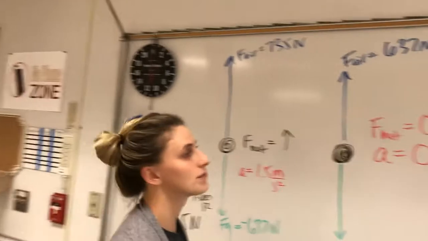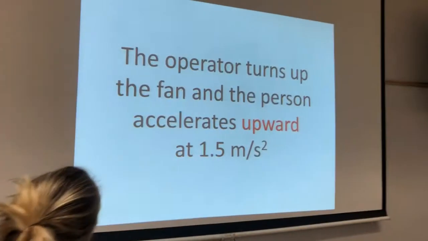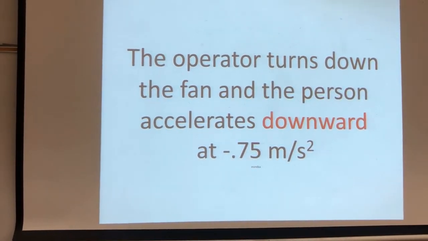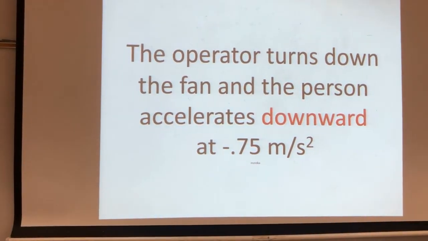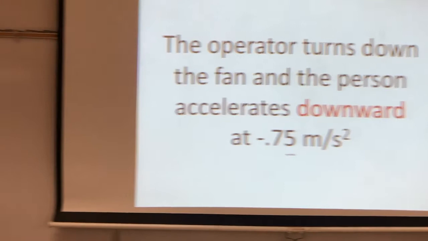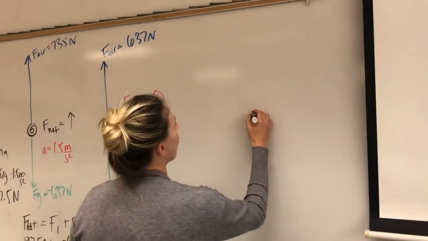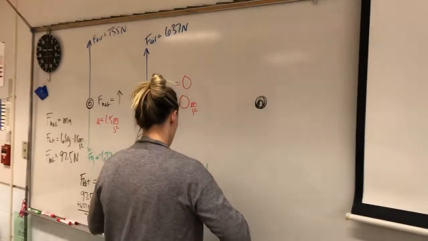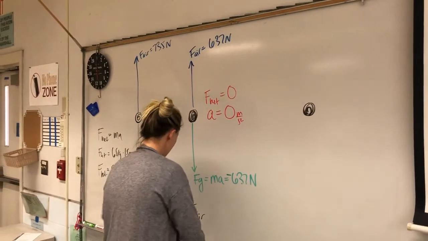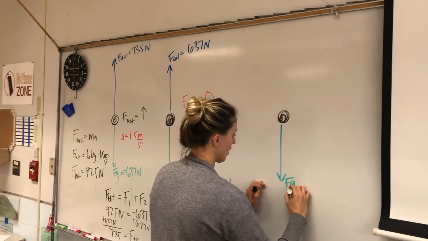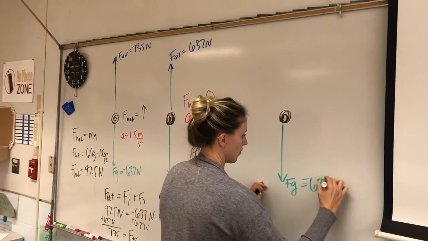Okay, sweet. The operator turns down the fan and the person accelerates downward. We have room for another dot? Okay, what should be the same? Force of gravity. Force of gravity equals negative 637 newtons.